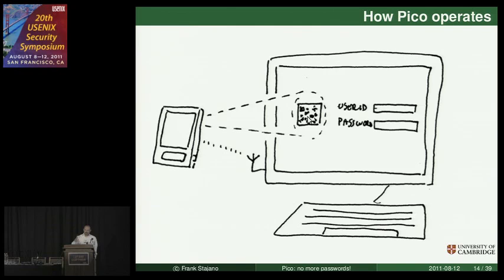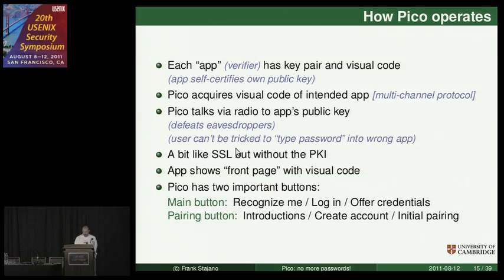And in that state, the app is also waiting for interaction on the radio channel, radio or IP channel or whatever it is. So the two buttons of the Pico, the main button is the one that you use all the time to authenticate, and the pairing button is the one that you use initially, the first time you pair up with an application. So the first one means let's type the password, although the password doesn't exist anymore, and the second one is let's set up a password.